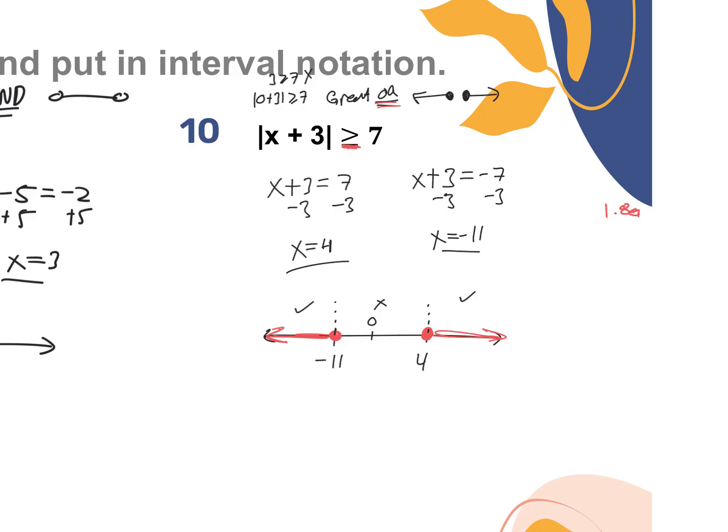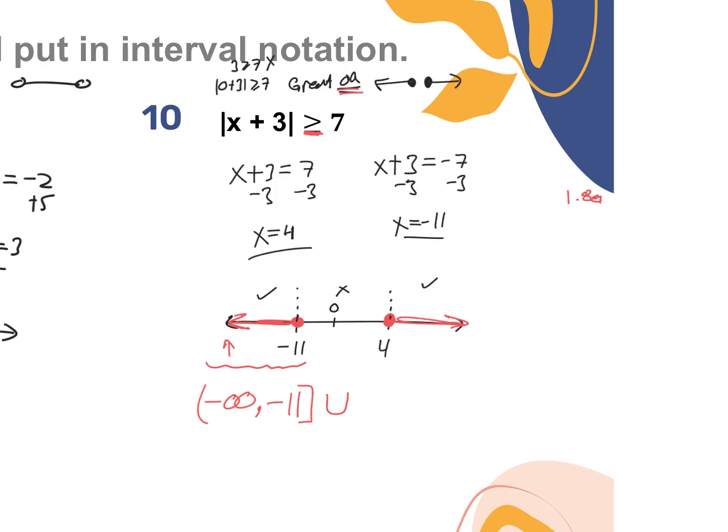Our answer in interval notation now, from smallest to biggest. My smallest value starts at negative infinity, and infinities always have parentheses, comma, negative 11. That's where this first side ends. I have a big gap right here. Like I said in the first slide about interval notation, if I have two different intervals, I join them with this big U, the union.